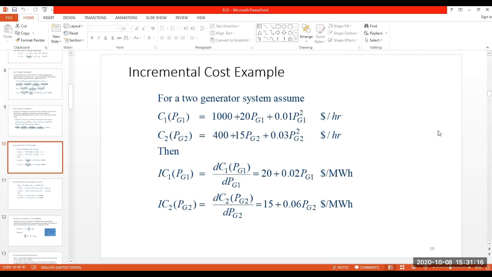So instead of using 100% thermal power plant or 100% hydropower plant, if you plan to incorporate some wind energy penetration, or some energy from your solar source, then how will this ELD problem be modified, and how are you going to solve this?